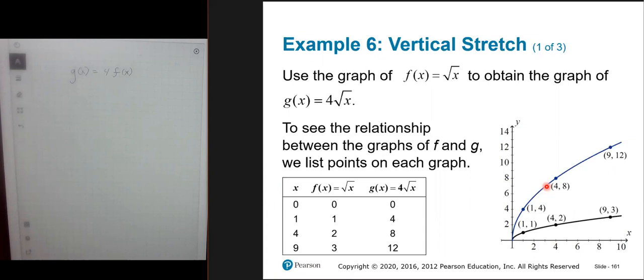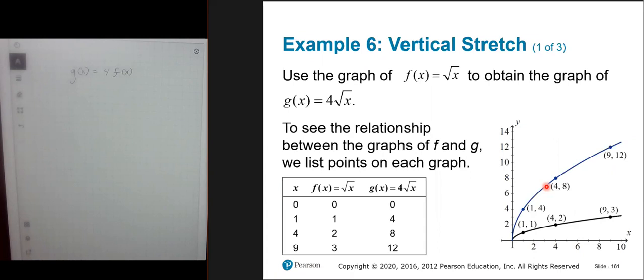Okay. Yeah, so here they're talking about what I said to begin with. And that's what I always look at. I look at what's happening to f. What's happening to the parent function, okay, or the key function. This textbook calls them key functions. Okay.